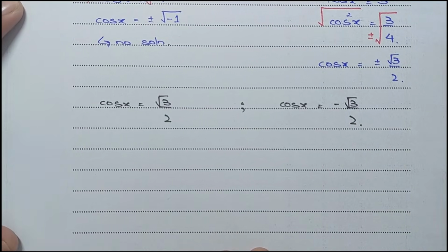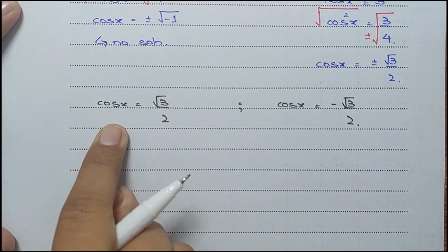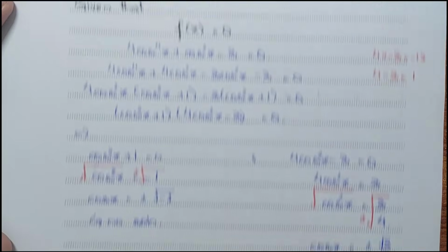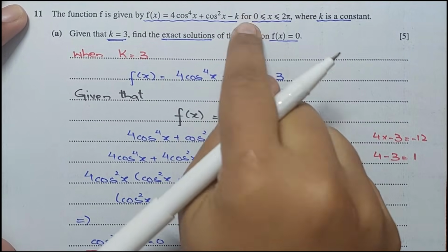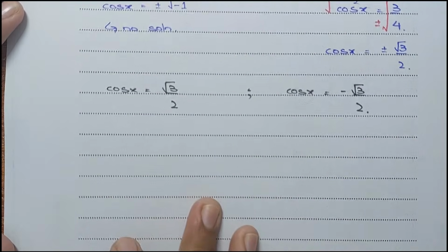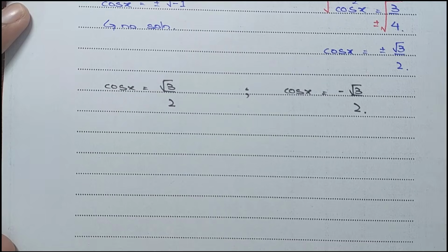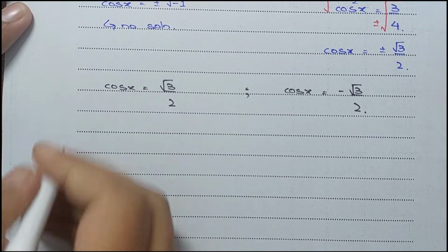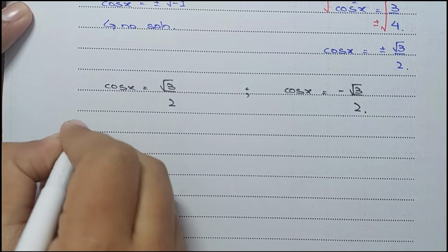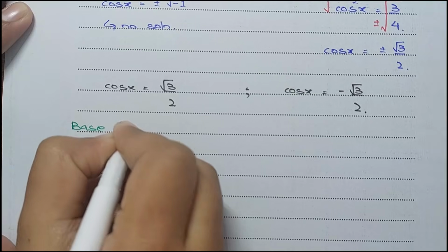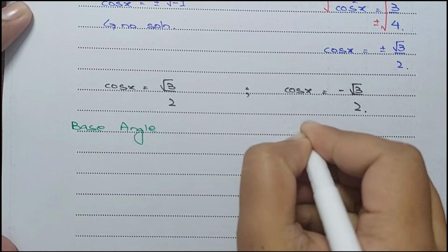So first, we need to check in which quadrant cos is positive and in which it is negative, and the domain we have been given is from 0 to 2 pi, the whole circle, all 4 quadrants. Okay, so before doing this, let me find out the base angle for both.